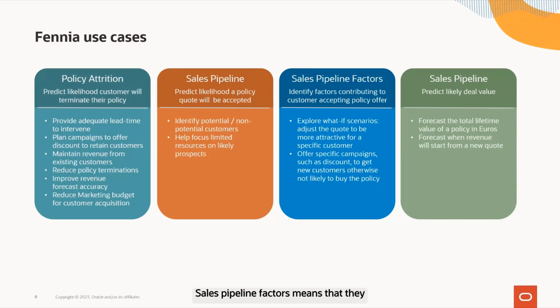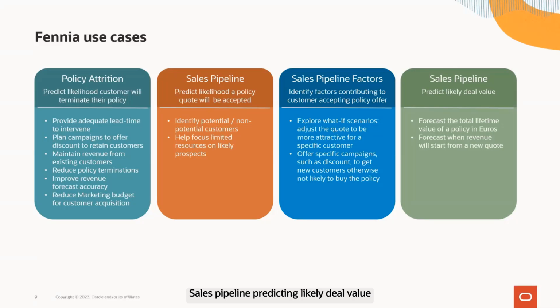Sales pipeline factors means that they have been identifying those factors that contribute to the customer accepting the policy offer. So what are those factors that will make the customer accept the policy? So explore what-if scenarios, offer specific campaigns, discounts, all kinds of things that make this particular policy better suited for the customer.